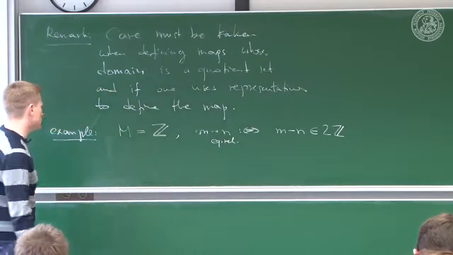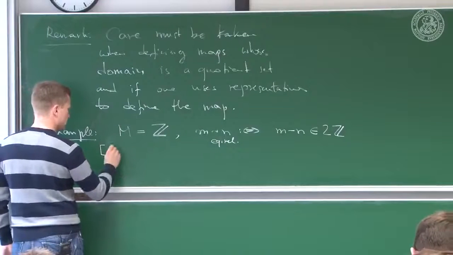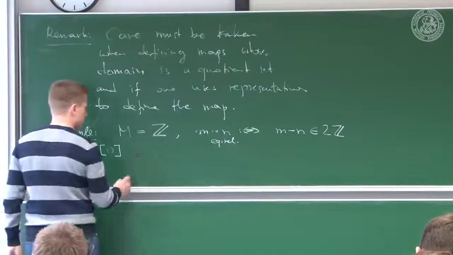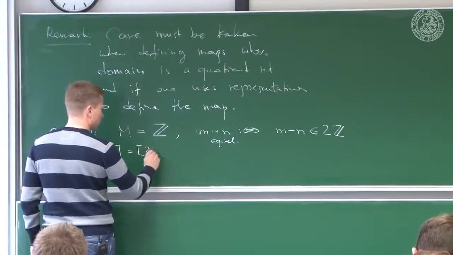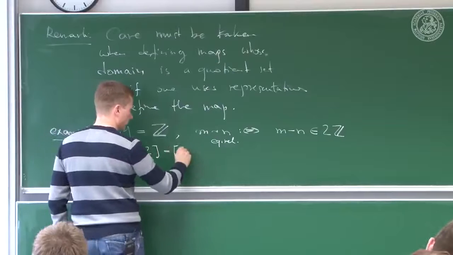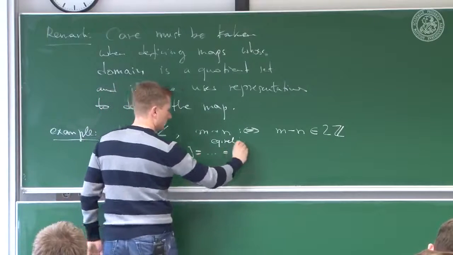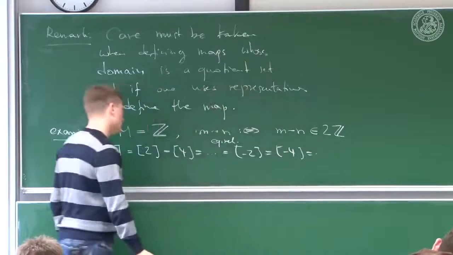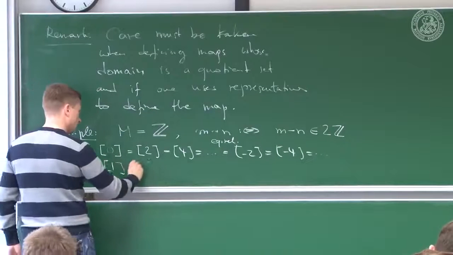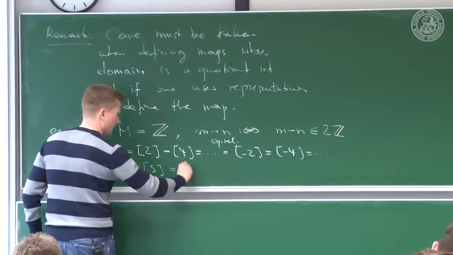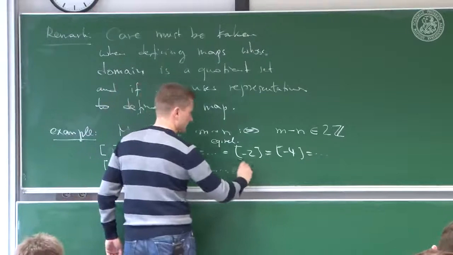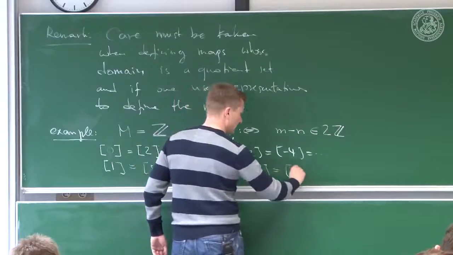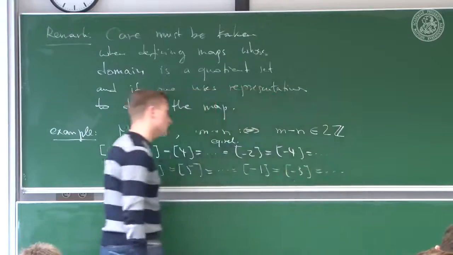And if it's an equivalence relation, we can ask ourselves, what is the equivalence class of 0, say, which lies in Z? The equivalence class of 0 is, of course, 2, 4, and so on, but also minus 2, minus 4, and so on. And the equivalence class of 1 is 3 and 5, and so on, but also minus 1, minus 3, and so on.